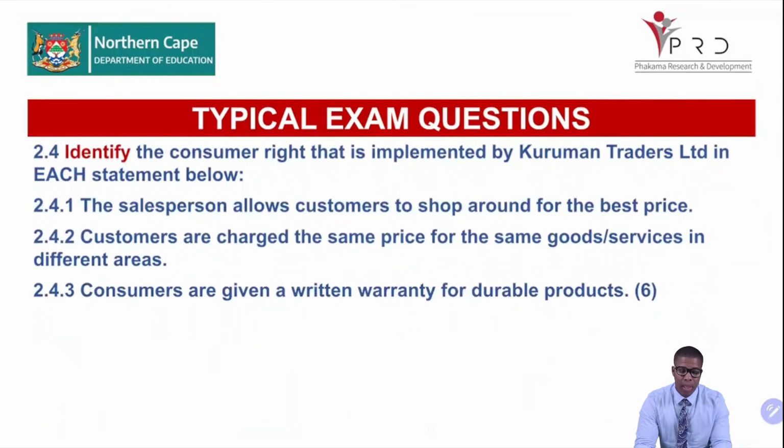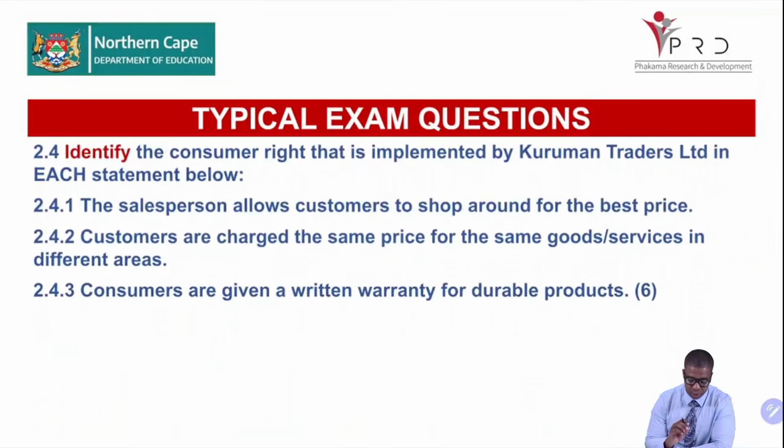2.4.1 says to you, the salesperson allows customers to shop around for the best price. 2.4.2 says customers are charged the same price for the same goods or service in different areas. And then 2.4.3 says consumers are given a written warranty for durable products.